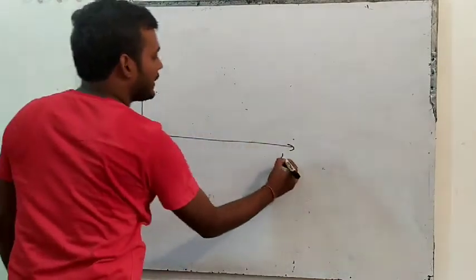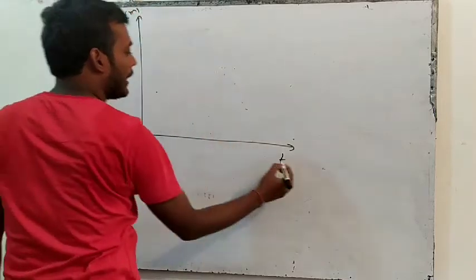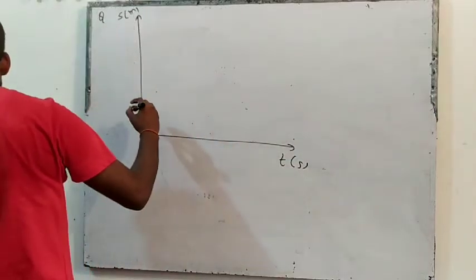Let's say this is a displacement time graph. Displacement is in meter, time is in second, and the graph is like this.